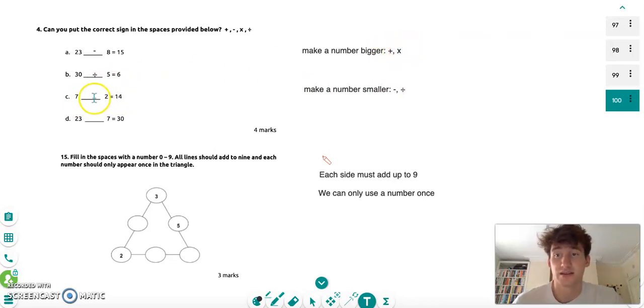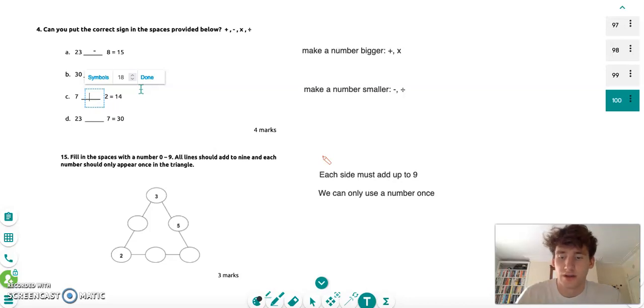Let's trial the addition sign. 7 plus 2 equals 14. Well, this isn't correct because 7 plus 2 is equal to 9.